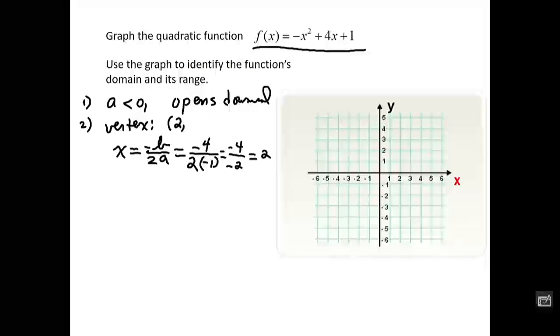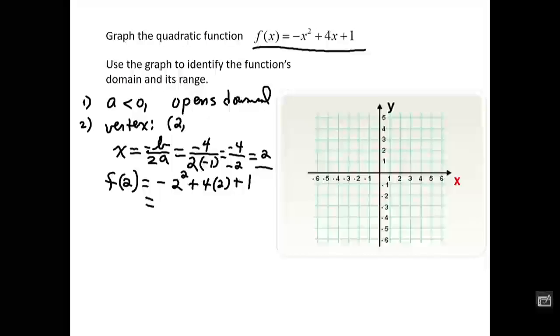What is the y-coordinate of the vertex? Well, to obtain the y-coordinate, we want to evaluate the function f at 2. So we really want f of 2. X is 2. To get y, we evaluate the function at 2. So what do we have if we do that? We have a negative 2 squared plus 4 times 2 plus 1.